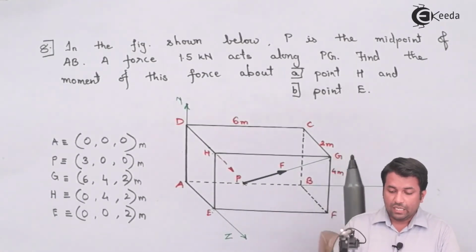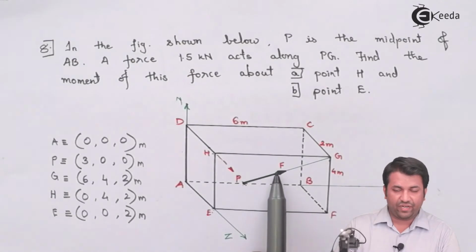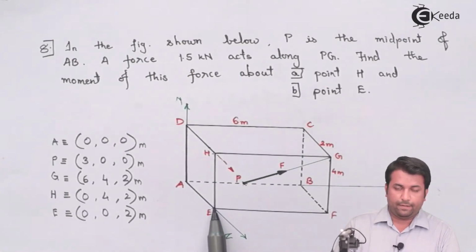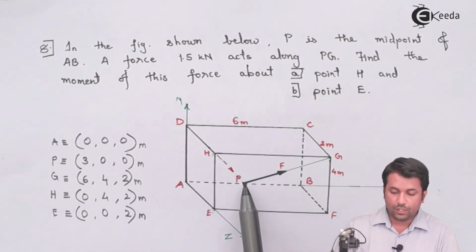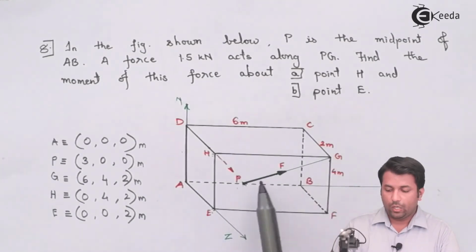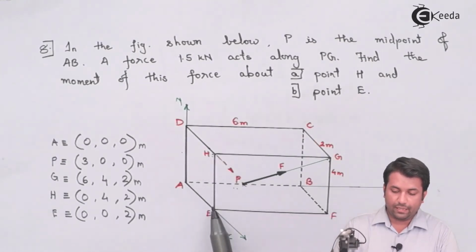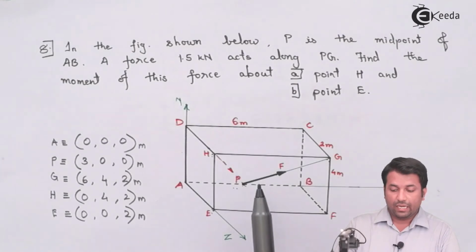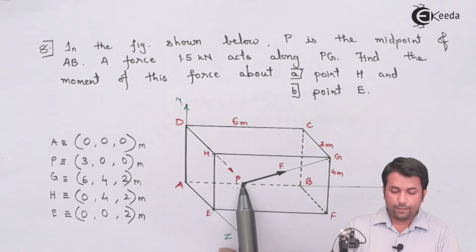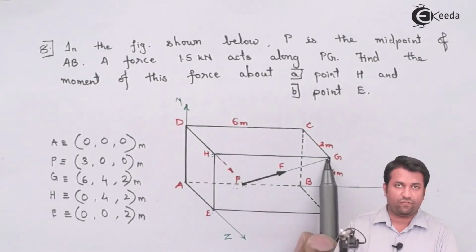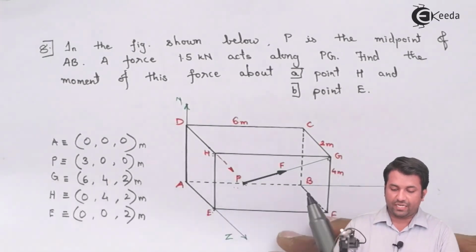Now mind this, that the moment with respect to this point for this force will be different from this point, because the coordinates won't be the same for this point and this point, so you won't be getting the same answer. You will get the same answer in the case of this point with this endpoint, or this point with this endpoint of the force. So I'll just take with respect to E and G as the position vector.